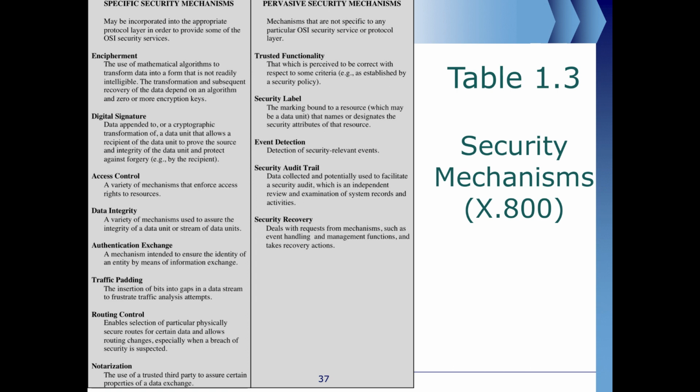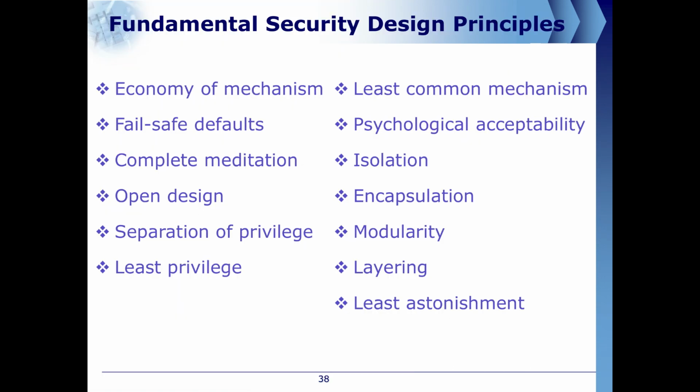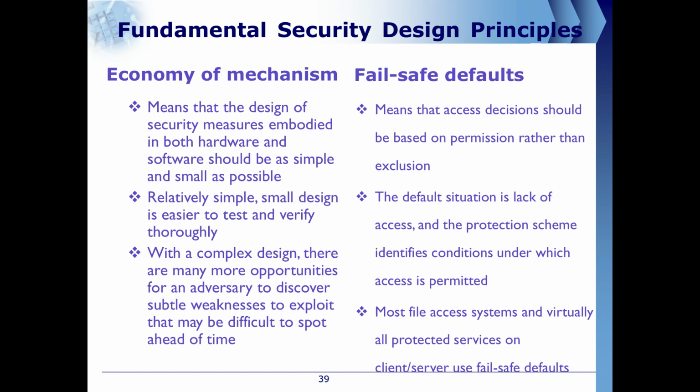Security mechanisms, X.800. Fundamental security design principles: economy of mechanism, fail-safe defaults, complete mediation, open design, separation of privilege, least privilege, least common mechanism, psychological acceptability, isolation, encapsulation, modularity, layering, least astonishment. Fundamental security design principles, continues.